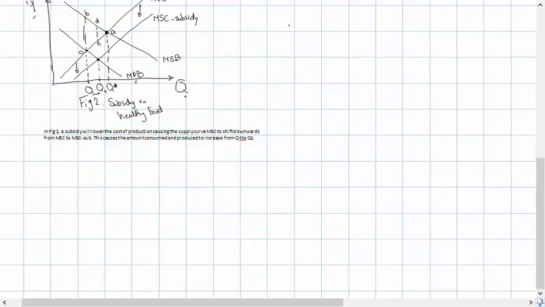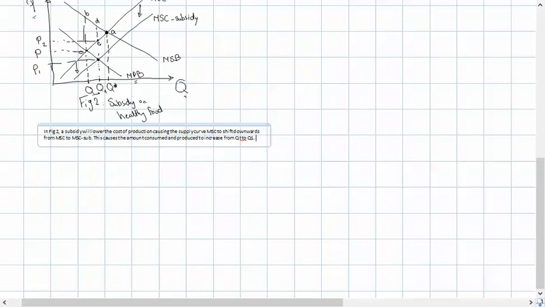And what is the effect on the prices? Where is the price before? This was the price before, P. The price after becomes P1 to consumers, but if we go upwards, P2 to producers. Remember, in subsidies and taxes, the price that consumers pay is not the same as what producers receive.